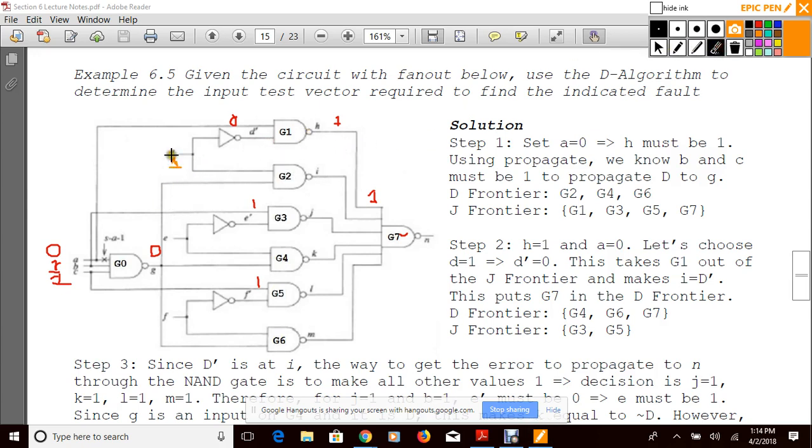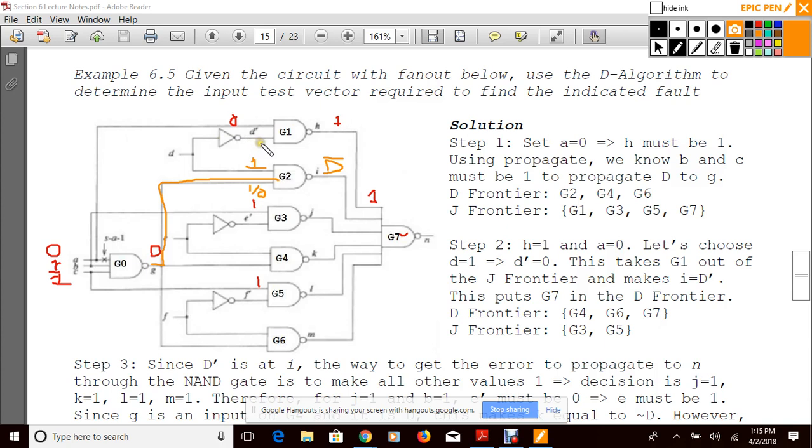That's going to be fine. The key thing is we have D coming here up to G2, right? So if we had a 1, we're expecting a 1 and getting a 0, then using NAND, we want to propagate that and get D bar on this output, right? So what I need is a 1 here to ensure that happens.